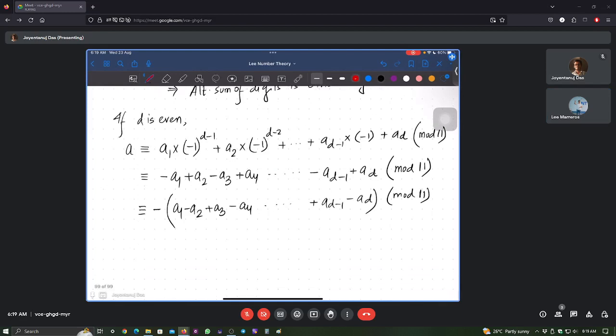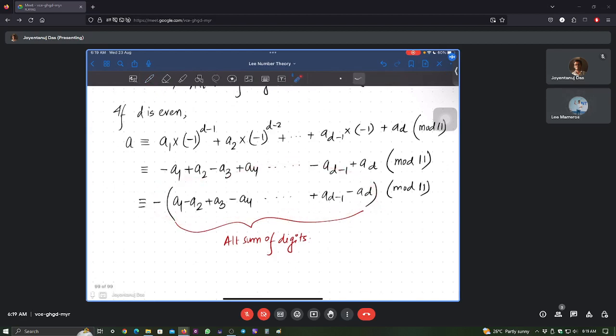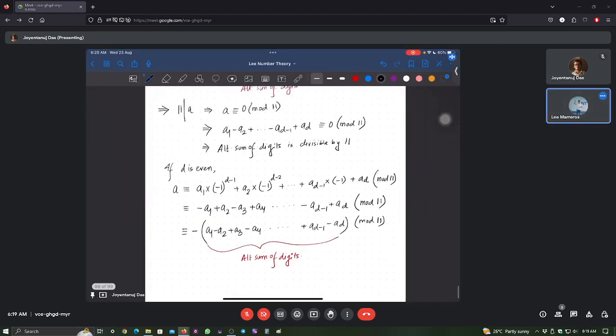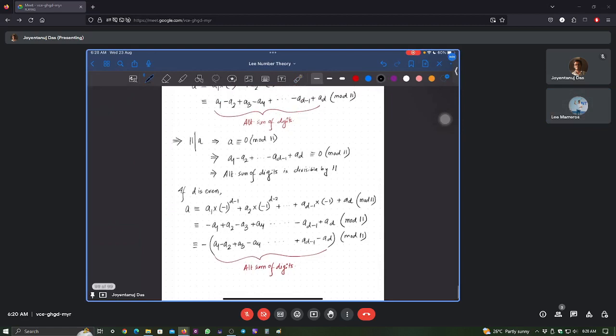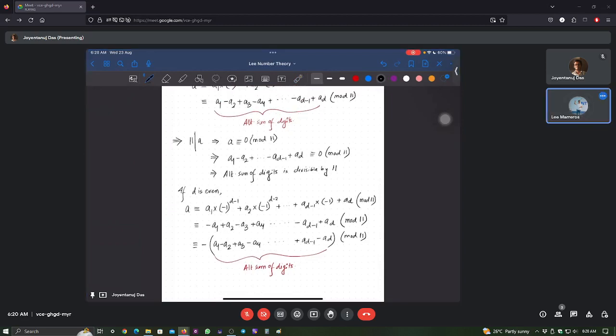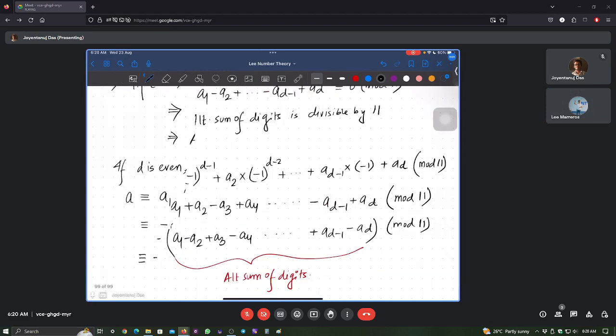Now the thing inside the bracket is the alternative sum of digits. Similarly we can proceed. If A is divisible by 11, then the part inside the bracket has to be divisible by 11, right? And similarly we can do the reverse part also.